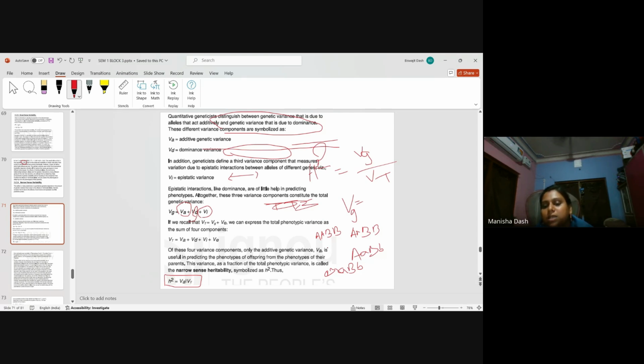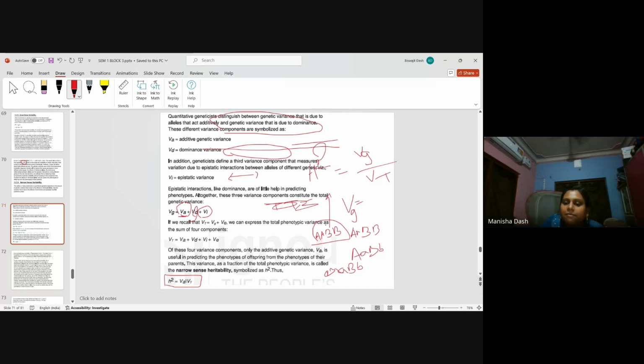And we are considering that in a quantitative trait, each allele has a certain contribution to the phenotype. So when the dominant alleles are more, definitely the character will be more. And if the number of dominant alleles is less, the character will be less. So you can observe the genotypic differences between the members. One is the additive effect of the gene.